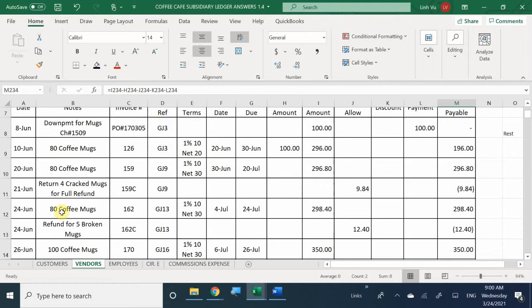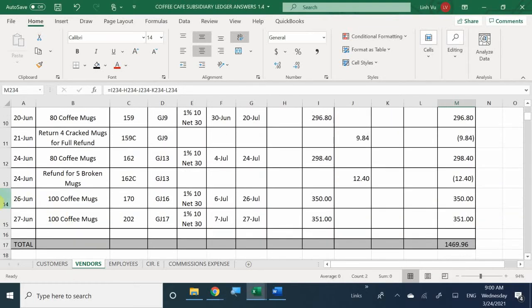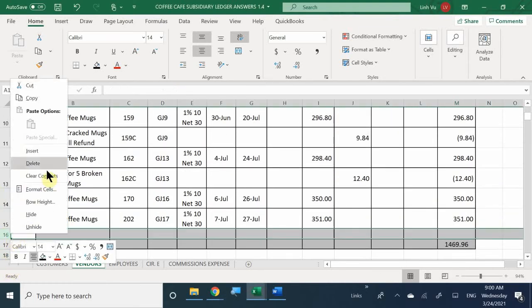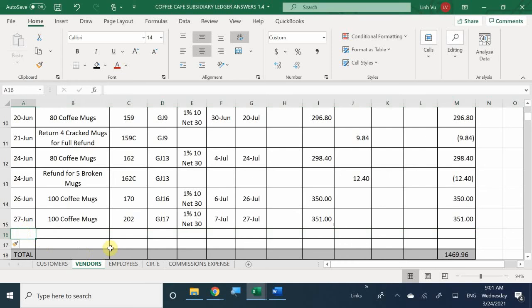Subsidiary ledger. So again, I'm going to write a new line. I'm going to add one just in case to give me a little more space. So here it is the 29. We wrote a check number 1531. This is for invoice number 126, General Journal number 19. We could skip this whole section here and make our way down to payment. We paid 196.